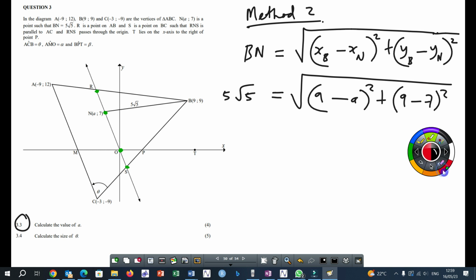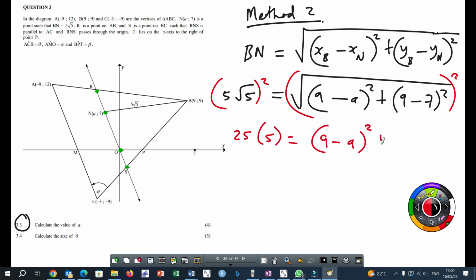Okay, so what I'm going to do is square both sides. So I'll square that, I'll also square that. So this will give me 25 times 5 is equal to (9 minus A) squared plus 2 squared. So this will give me 125 equal to, alright, we are breaking algebra now. 9 times 9 gives me 81, 9 times A gives me 9A, so this is 81 minus 18A plus A squared plus 4. If I want to simplify that, I just have to form a quadratic equation, which I don't like.